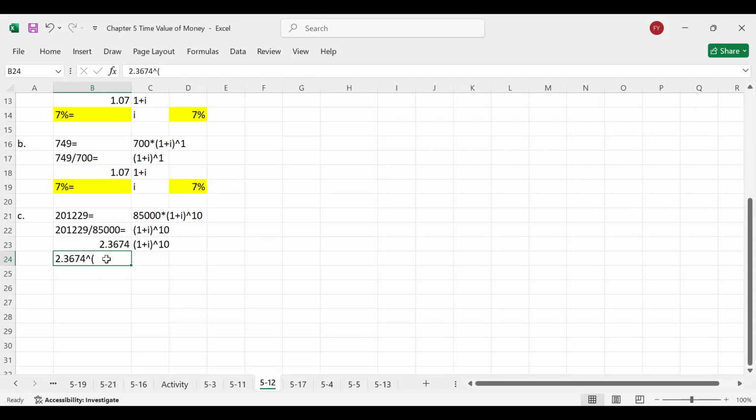Why are we doing this? Because we want to cancel out this exponent, or we want to open this bracket. So when we multiply this side by 1 over 10, then this 10 will be cancelled by 1 over 10. So what we have remaining is 1 plus I.